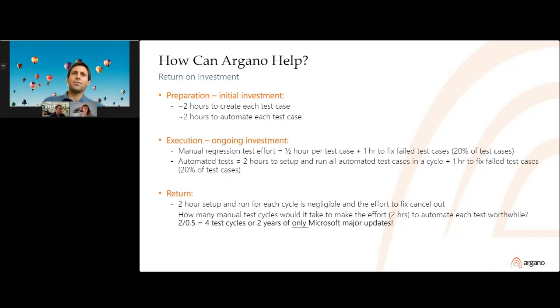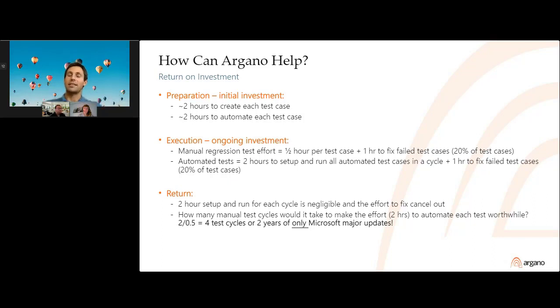And one of the things that I think is significant about this is that if we're only talking about Microsoft major updates, we're talking 2 years. In 2 years, you're going to be able to get a return on investment. And the other thing I'll mention is that this is regardless of how many test cases you have, because you will be testing these anyway.